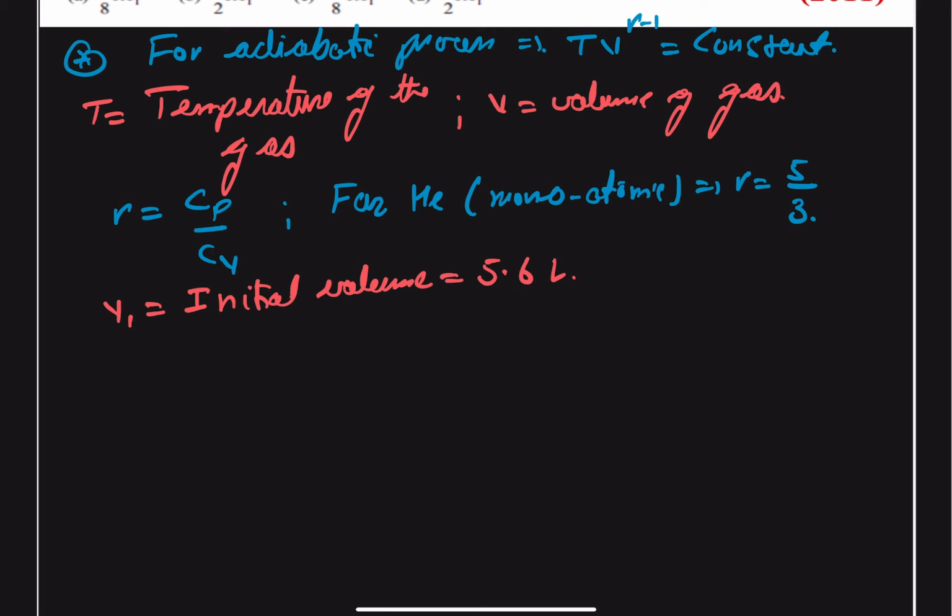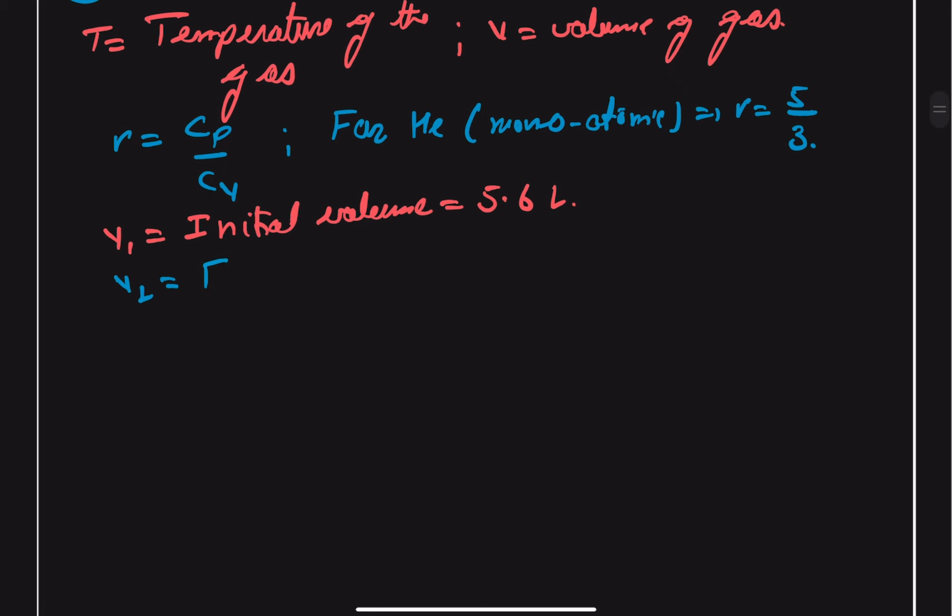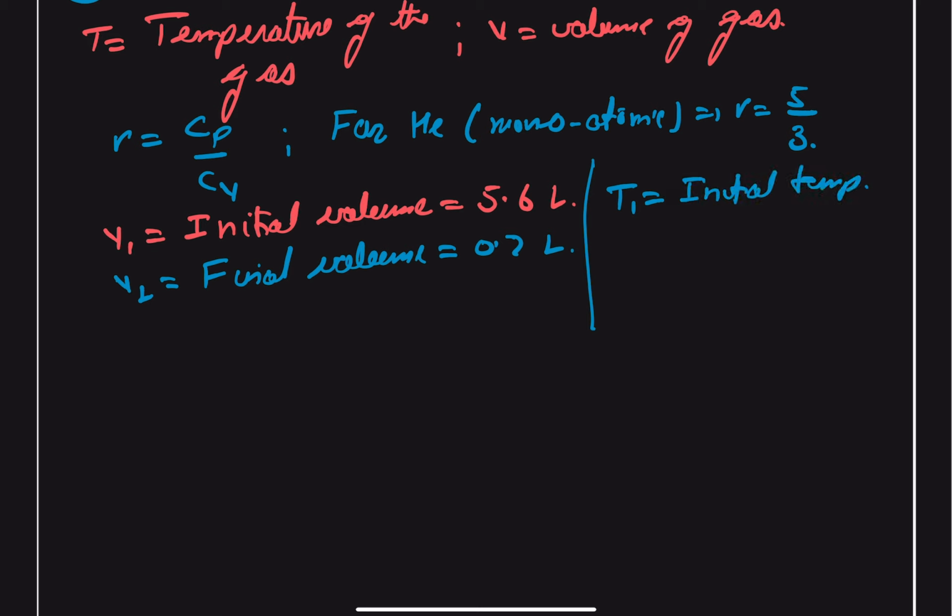V2 is our final volume, which is given as 0.7 liters. And we assume that T1 is our initial temperature and T2 is our final temperature.